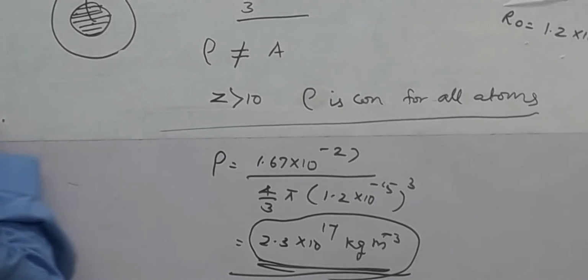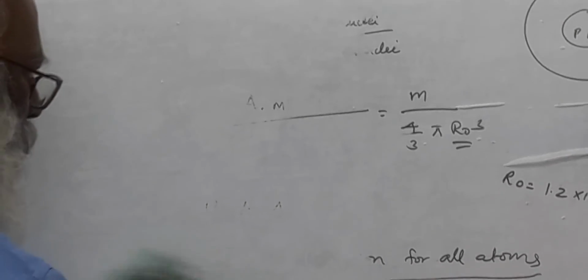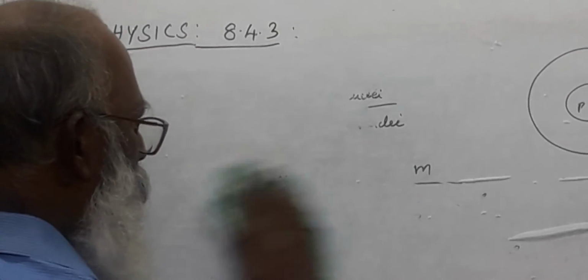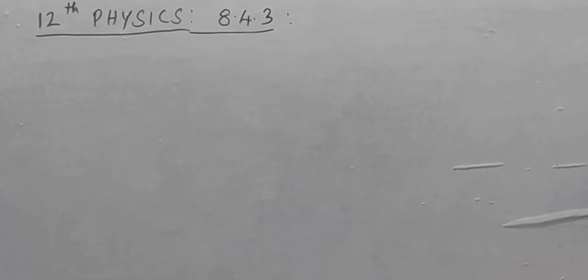Next important concept. Without knowing this, you wouldn't be able to answer a 3-mark question or 5-mark question or anything else in your annual examination. That's why you must keenly understand binding energy, mass defect and binding energy. What is meant by mass defect?